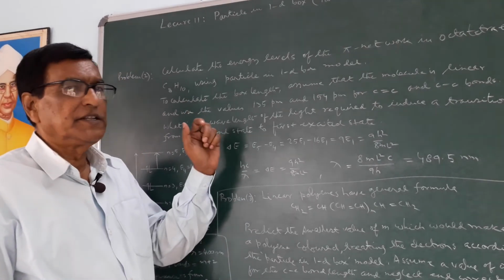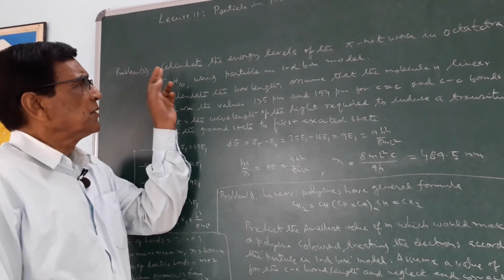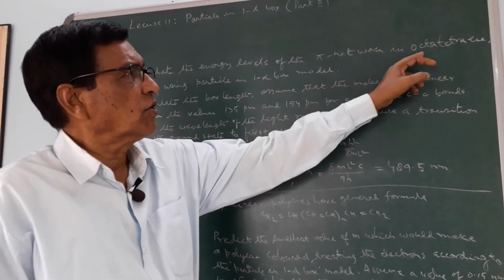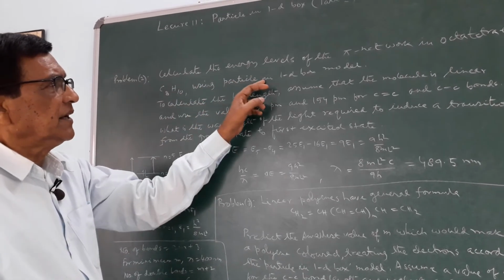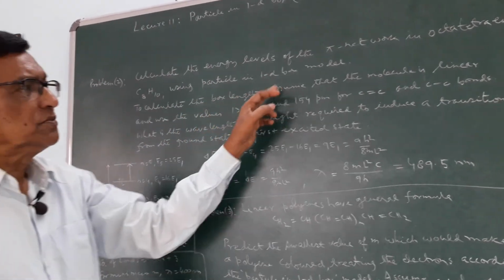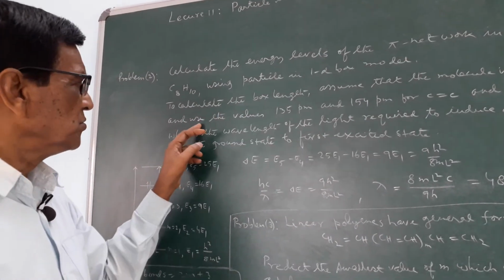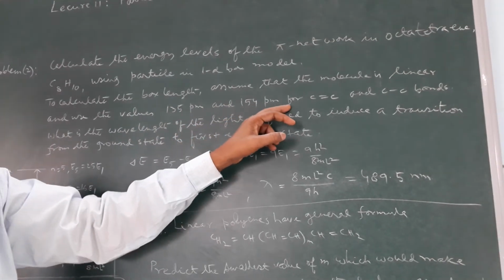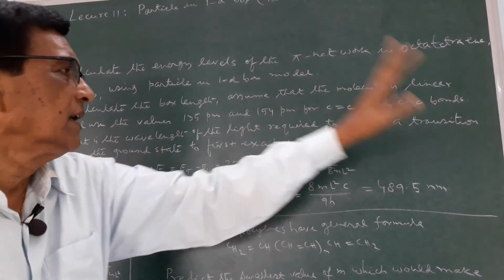Now I shall give here another two problems for exercise. Problem number 2. Calculate the energy levels of the pi network in octatetraene C8H10 using the particle in 1D box model. To calculate the box length, assume that the molecule is linear and use the values 135 picometer and 154 picometer for CC double bond and CC single bonds.